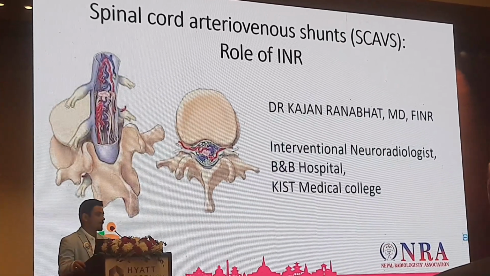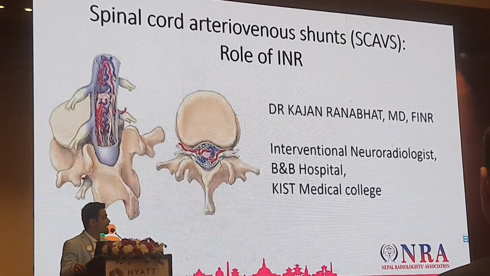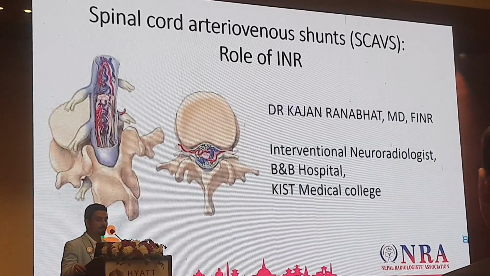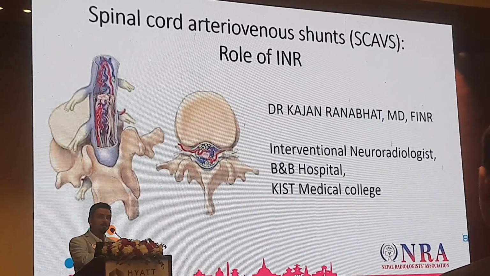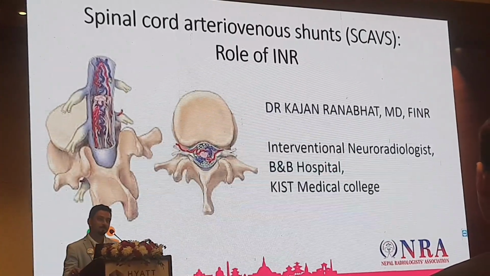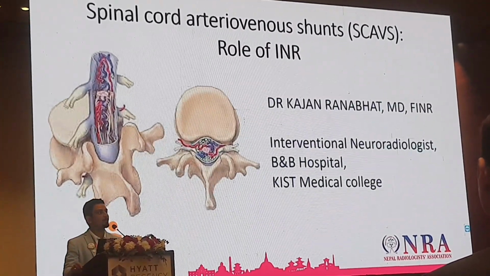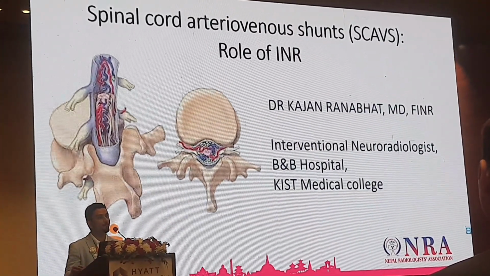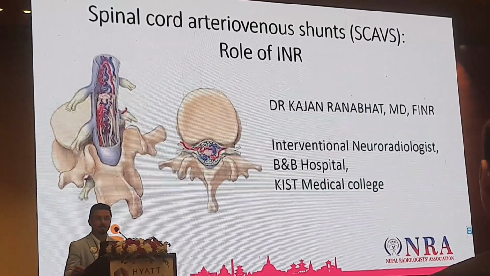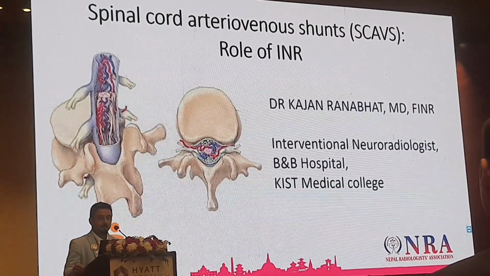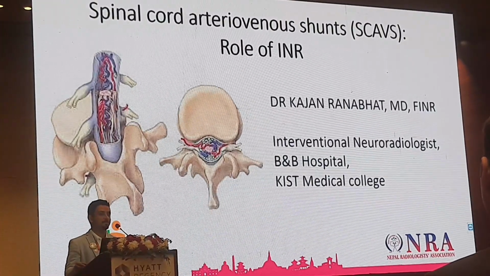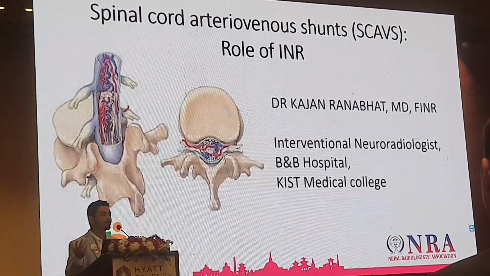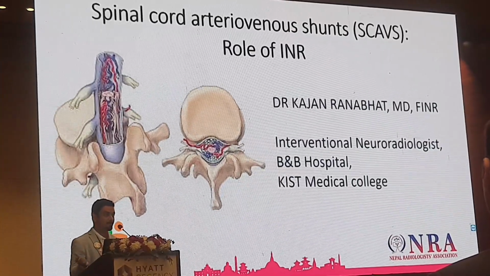I would like to thank the scientific committee for choosing this topic, spinal cord fistulas, spinal cord shunts, because I believe this is one of the really best discussed topics in neurointerventions. One reason is some of the incipient spinal shunts are never diagnosed until you do the spinal angiogram.